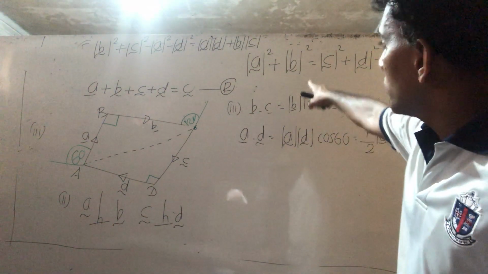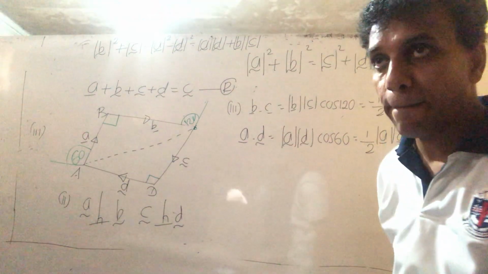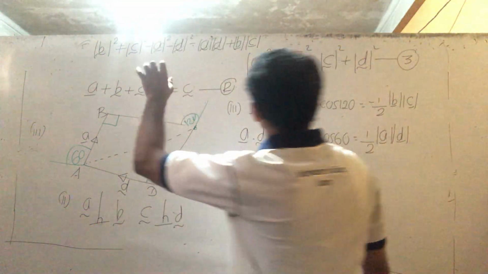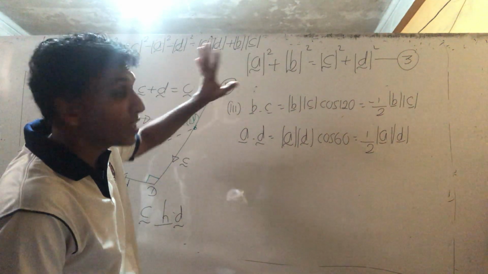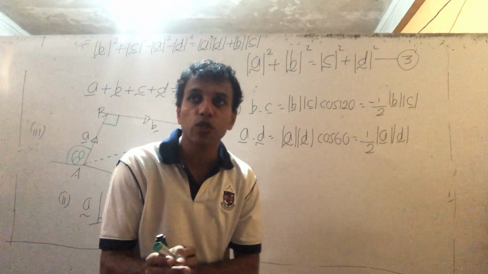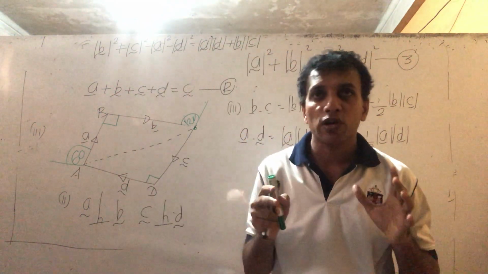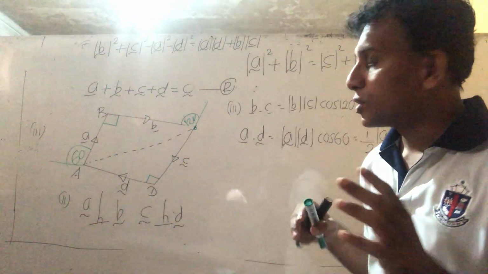See the first previous part question, mod A square, mod B square, that is okay. Here we have A square, B square, C square, everything available. AD, mod D also available. So properly think how to work such a third part. The answer is shown here, so how to collect it.